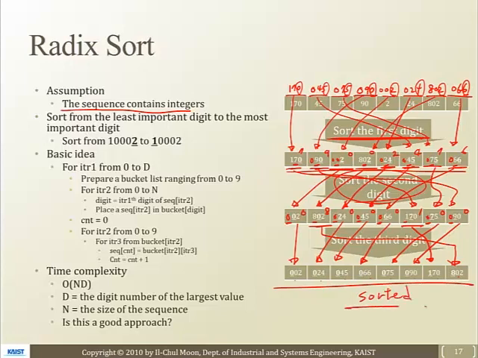Interesting, right? And actually, you have to look further to find out how it works. Here, what we are doing is sorting these numbers based upon the decimal digits, right?